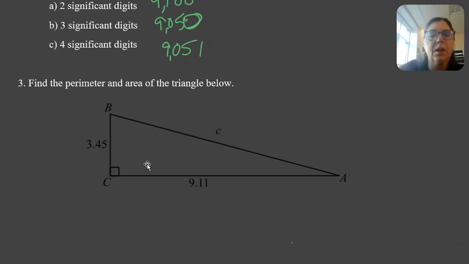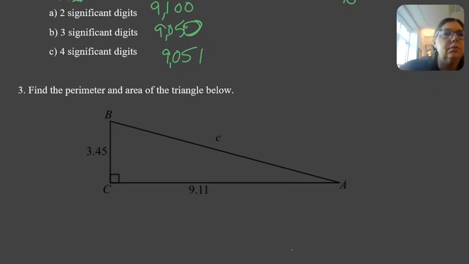Sorry about that. Okay, so formula for area of a triangle is 1/2 base times height. So this would be the base and this would be the height.